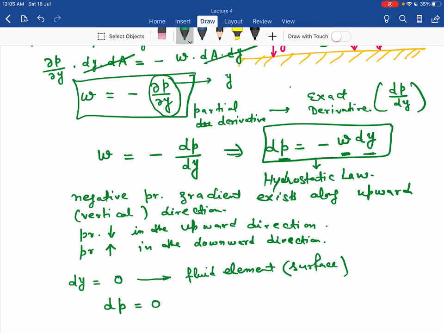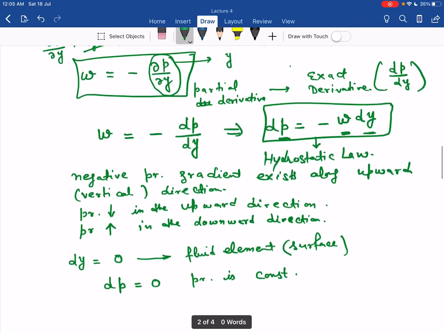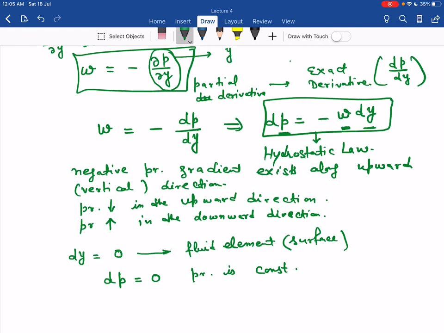So along the surface, pressure is constant. So you can say the pressure is constant at the same level. Okay. So these surfaces where the pressure remains constant along the horizontal directions, we call isobaric surfaces.